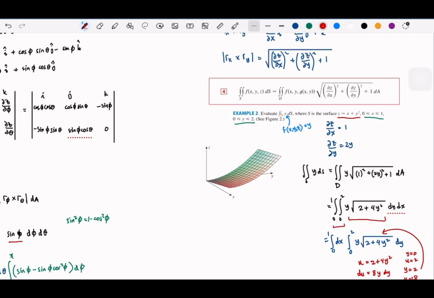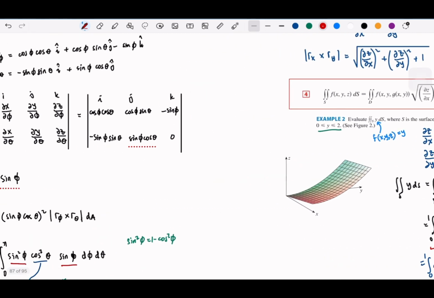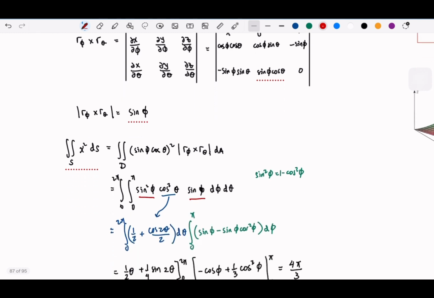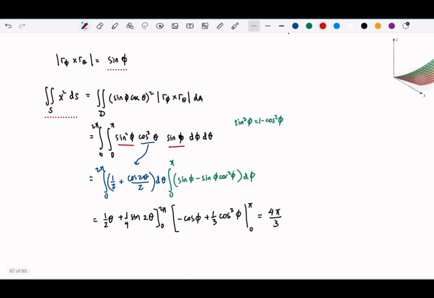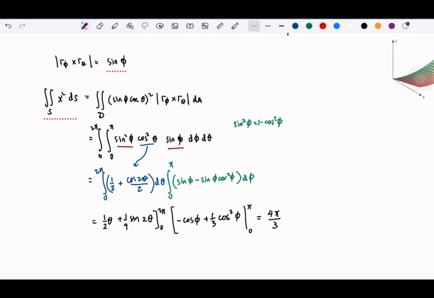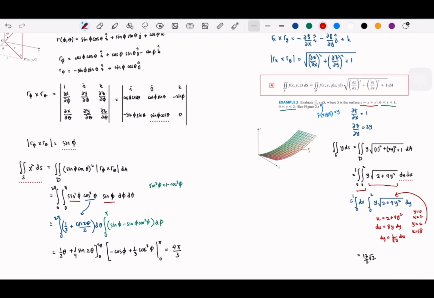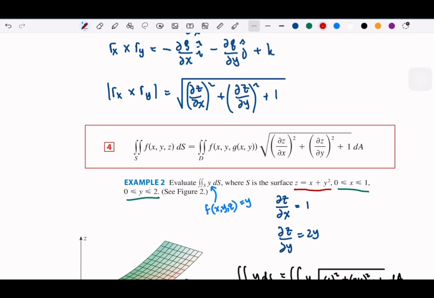But because this part is based on the cross product, we can also make it from scratch, as long as we know the cross product. We can set up the cross product and set up the parameters. In the previous example, we set up parameters phi and theta based on the spherical coordinates. And then we can also have this, the surface area.